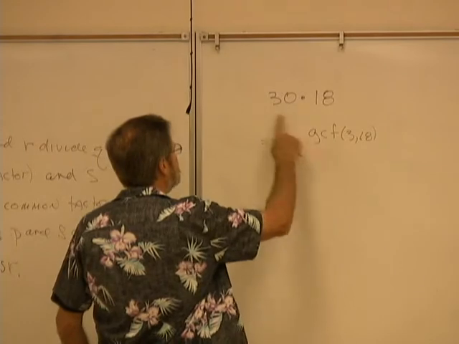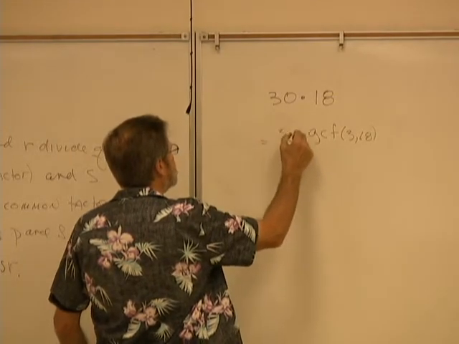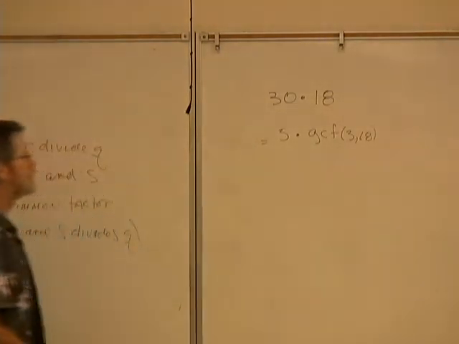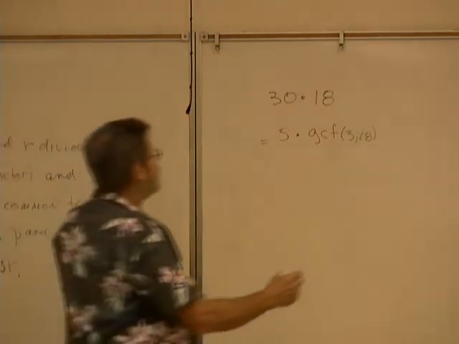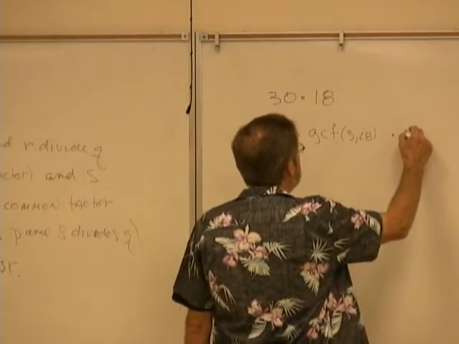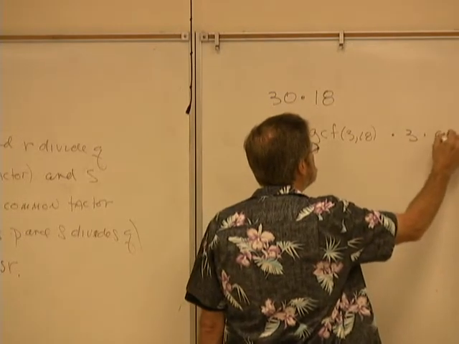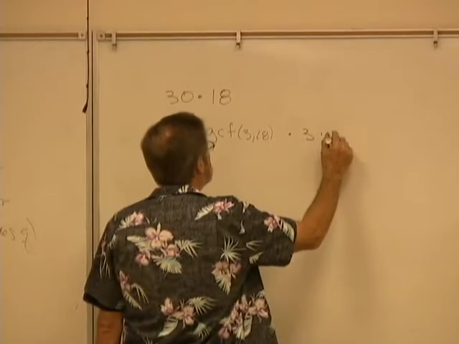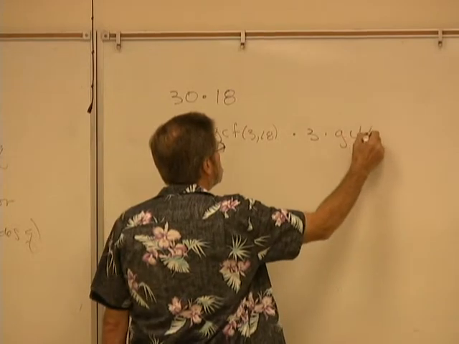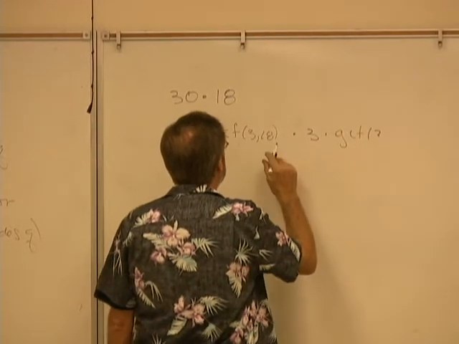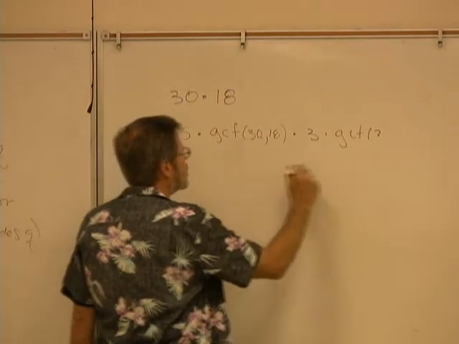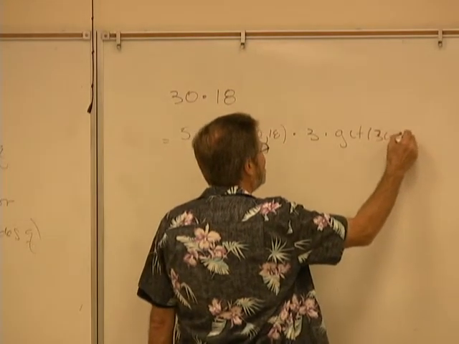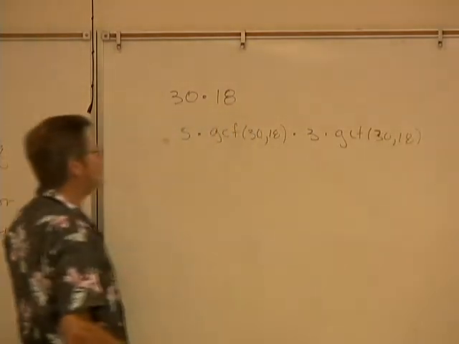The greatest common factor of these two is 6, so I can write 30 as 5 times 6. And for 18, I can write it as 3 times 6, the greatest common factor of 30 and 18, which is 6.